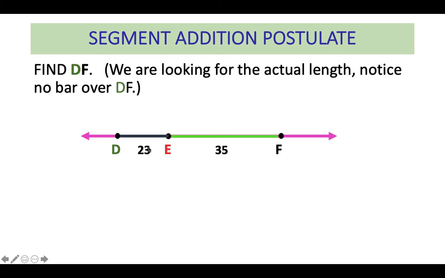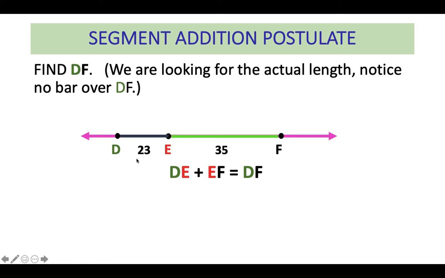So DE plus EF is still going to be DF. Now, what's really important here is that you actually write down DE plus EF equals DF. What's even better is if you actually use the line segment bar over all of these segments, because that way we know exactly what you're talking about.